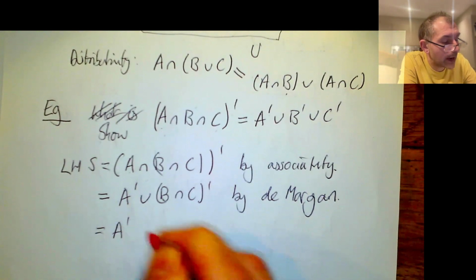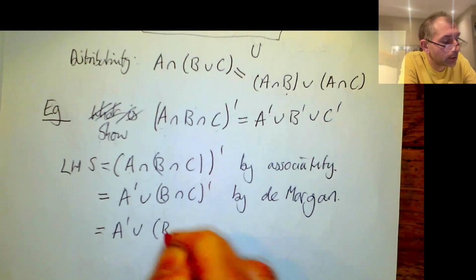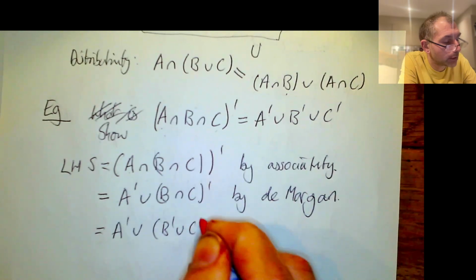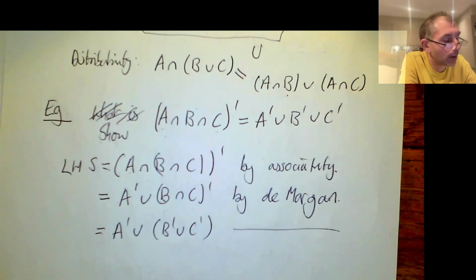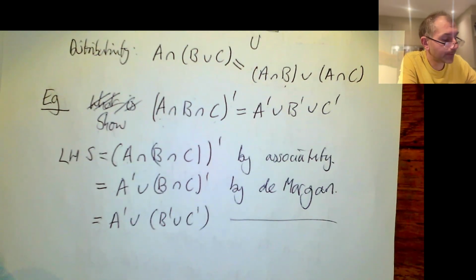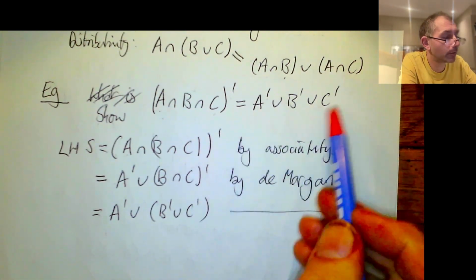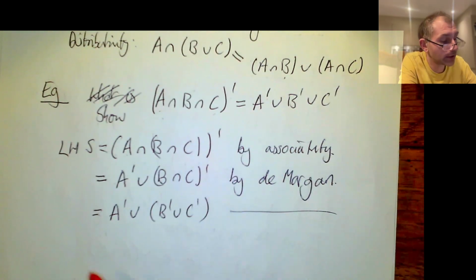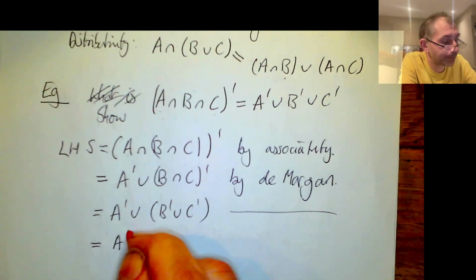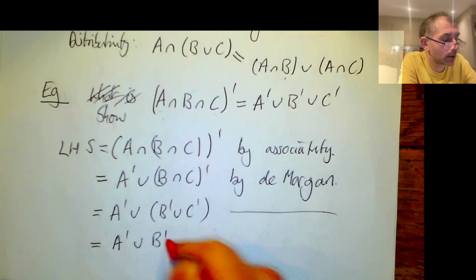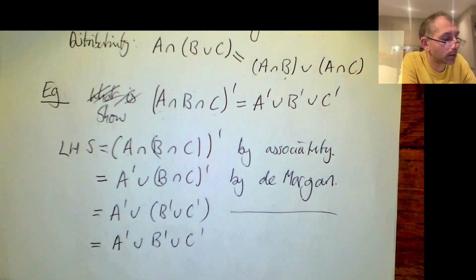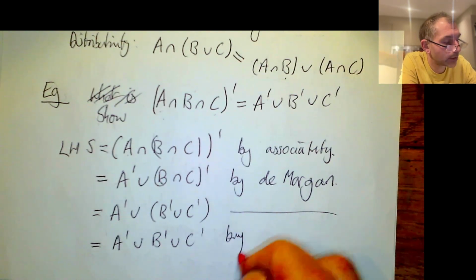So that gives me A complement, union B complement, union C complement, again by De Morgan. And then finally, this is equal to the union of all of them without caring about the brackets because of associativity. So A dashed union B dashed union C dashed, again by associativity.